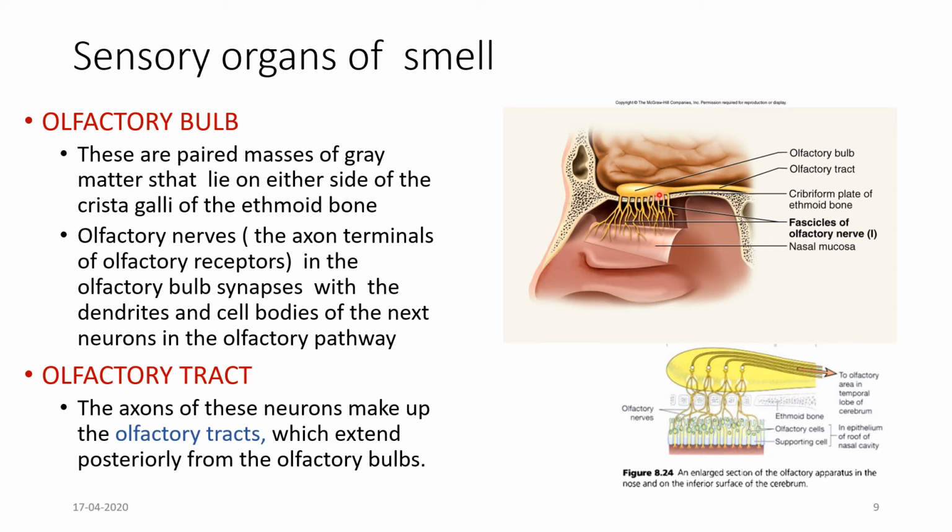So, they are reaching the paired mass, which is called the olfactory bulb. It's a paired mass of grey matter, and it is lying on either side of the crista galli of the ethmoid bone.